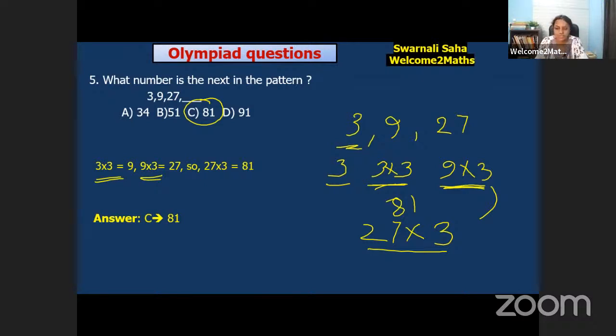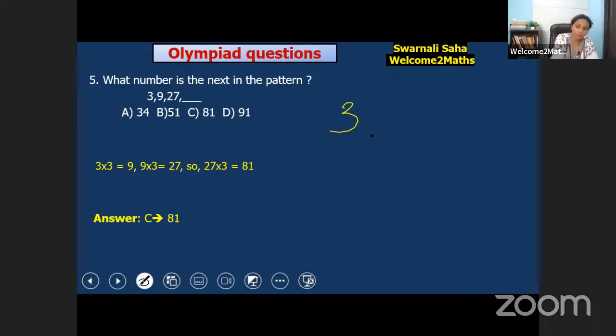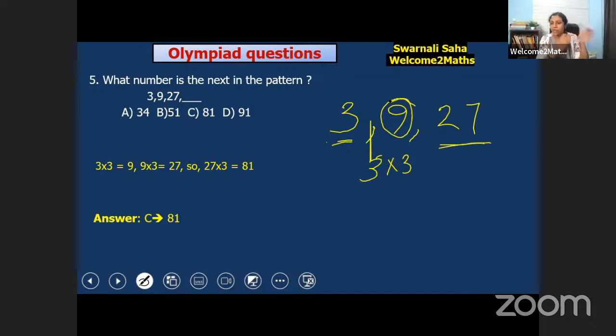Riyansh Kumar, you didn't understand. You see, it's so easy. Your series starts with 3. Next is 9. Then 27. So how will we get this? First is 3. Whenever we multiply 3 by 3, we get 9. And the next, when this number is 9, so for 27, what you have to do? 9 into 3.